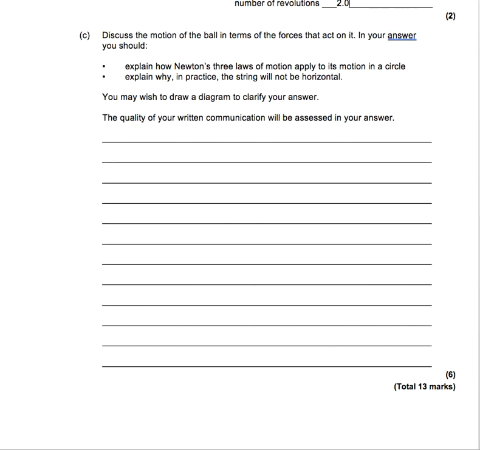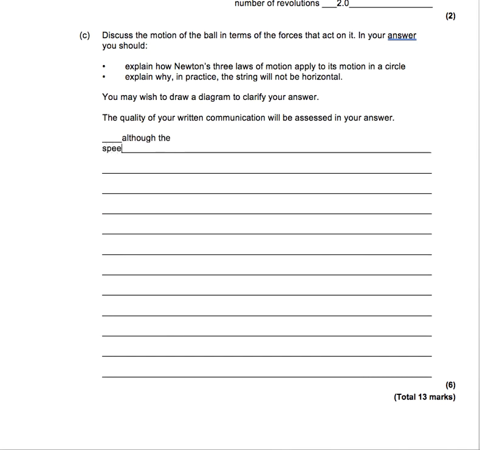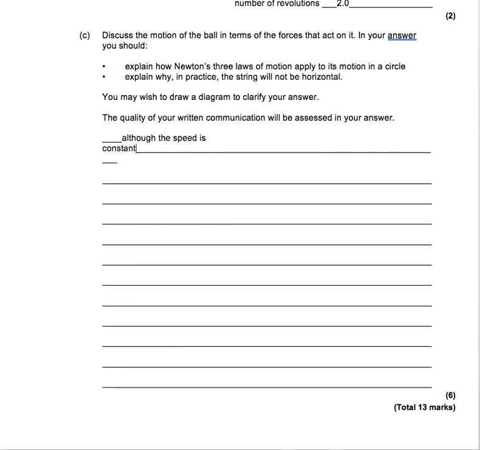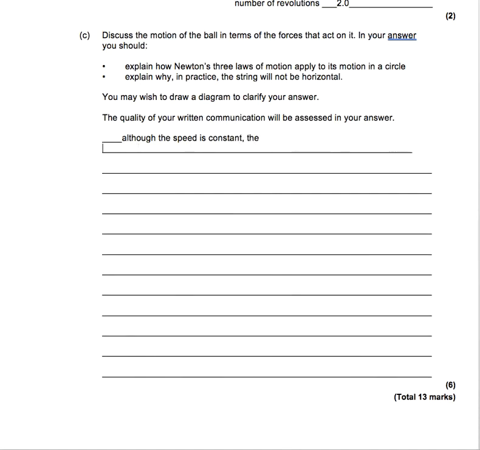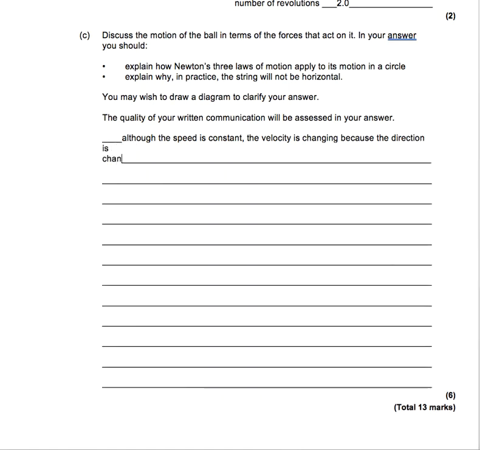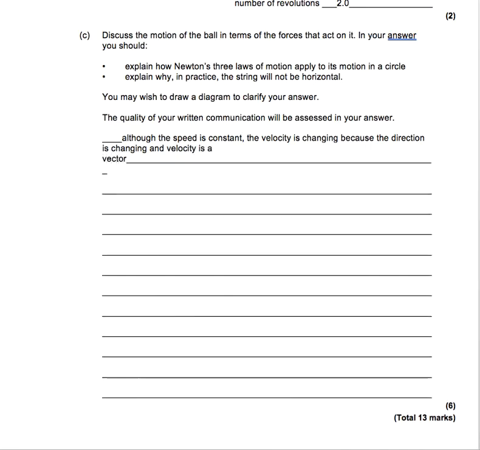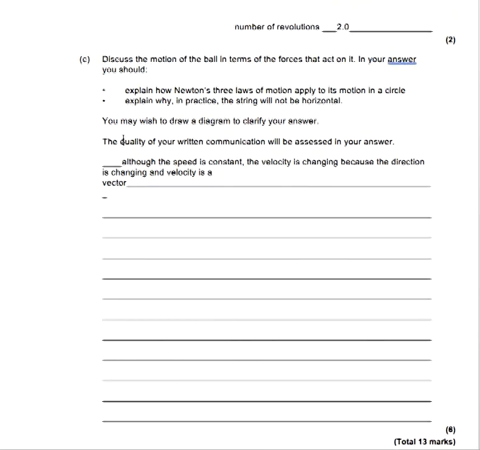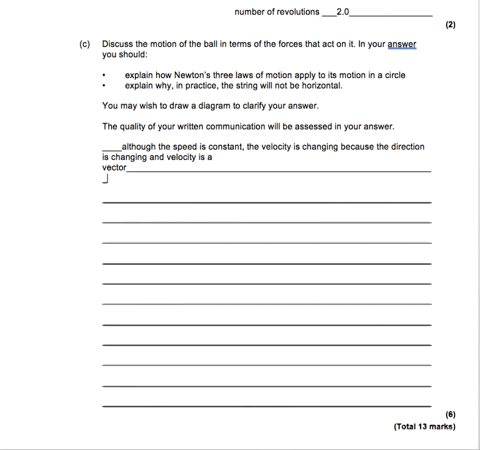So I would say that although the speed is constant, the velocity is changing because the direction is changing and velocity is a vector. You're pretty much always going to say something like that in a circular motion question.